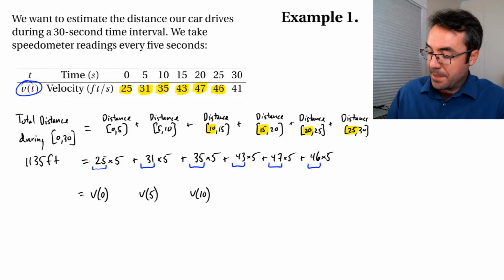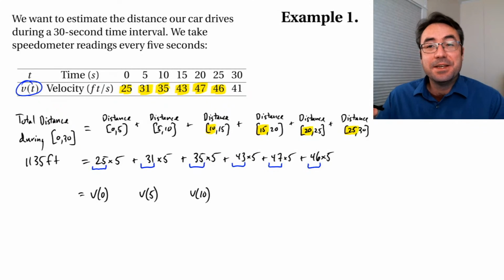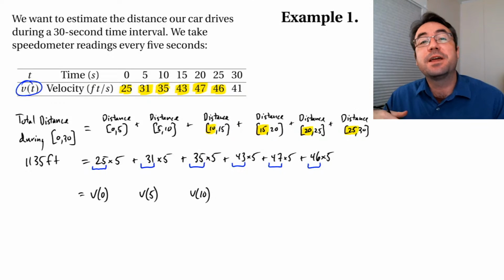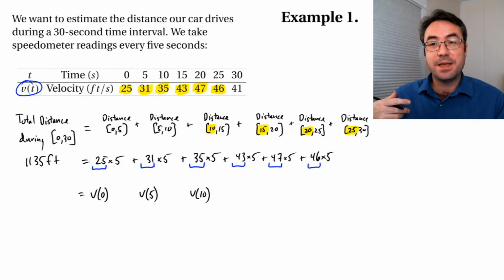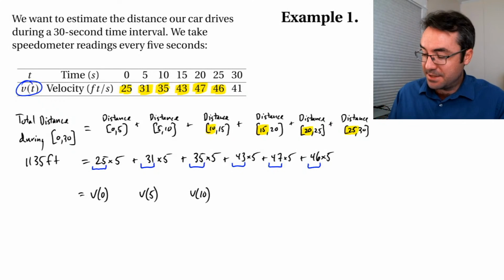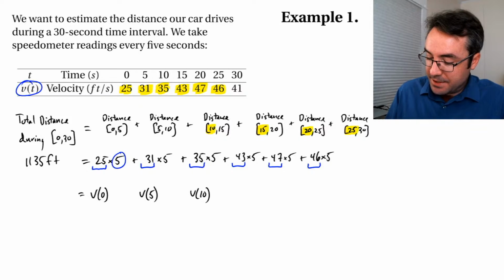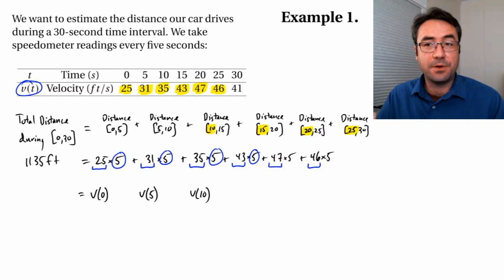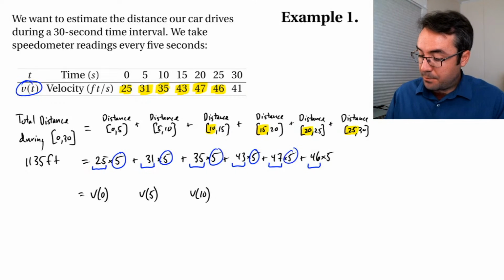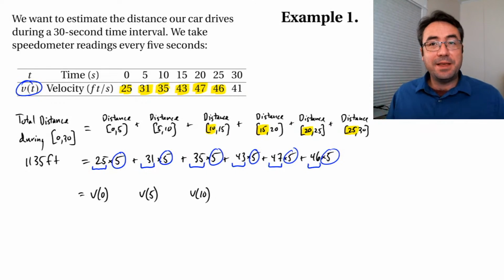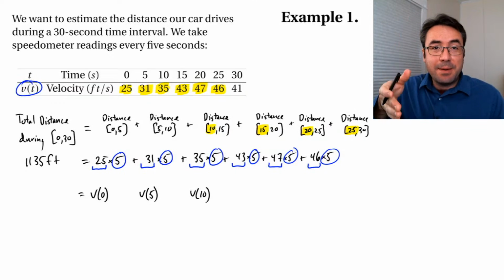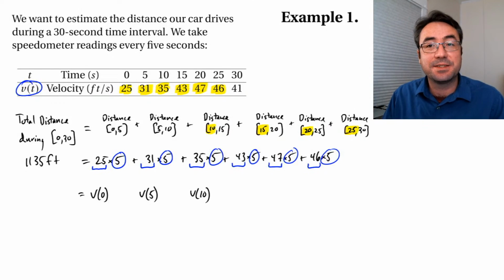Don't want to run out of room. So we'll keep writing that in a second. So 25 was really our velocity at time 0. 31 was really our velocity at time 5. So what does that 5 represent? Well, this is the width of our subinterval, and we consciously made the decision to take speedometer readings every 5 seconds.